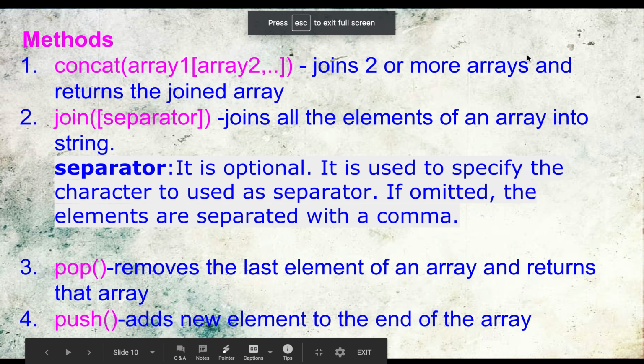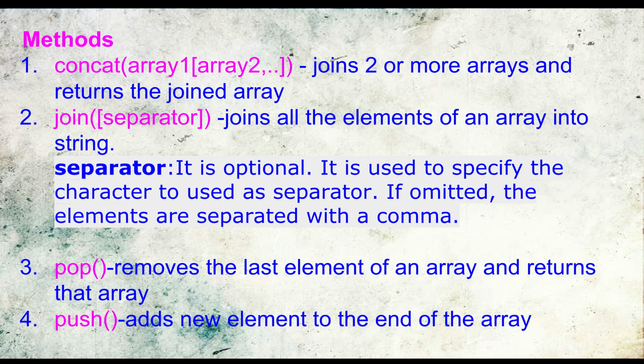Next is methods in an array. First one is concat. Concat joins 2 or more arrays and returns the joined array. As you can see in the brackets, array 1, one array is the array that you concat with, that is array object dot concat of array 1, that is the second array.